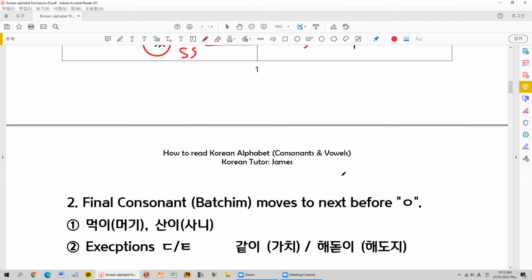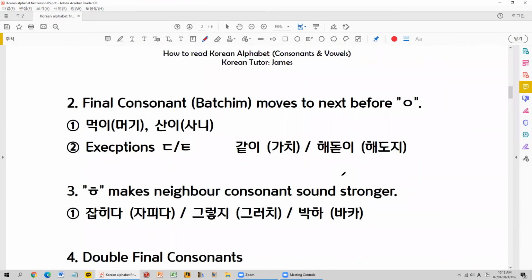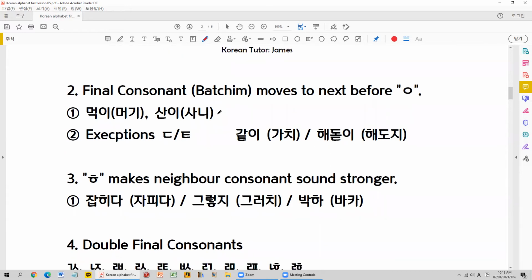Okay. So I'm going to teach you more rules about final consonant pronunciation. These are very important, so please listen carefully. So a final consonant moves to the next syllable before a circle. So what does this mean? The first word is this one.